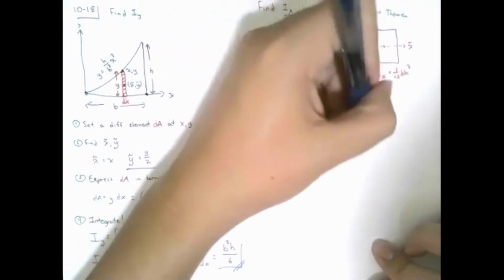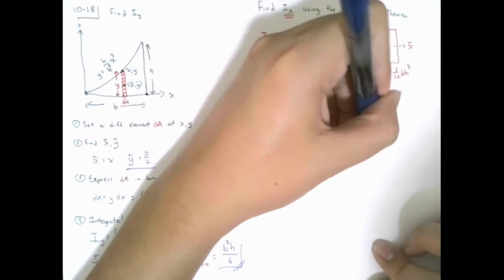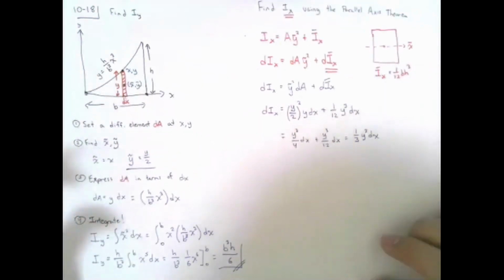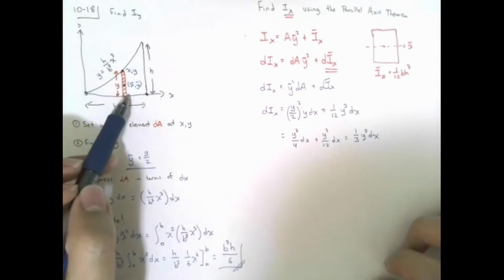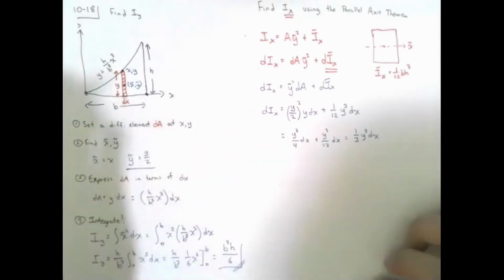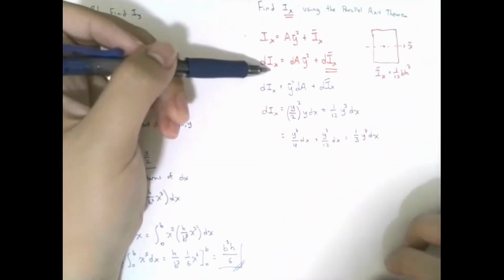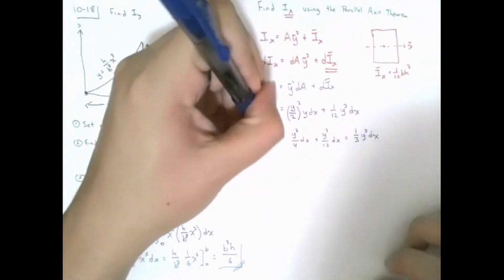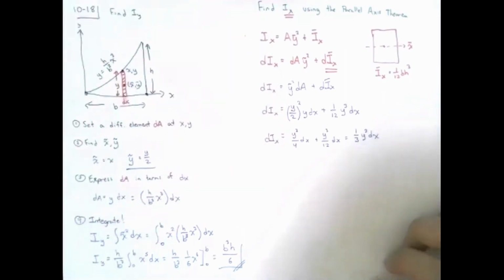So we get 1/3 times y cubed dx. I know that we already knew this because the first problem we solved last week was to find the moment of inertia about our x-axis of a rectangle, and we got 1/3 base times height cubed. But even if we didn't know this, you can see that it only takes 3 steps in order to calculate the moment of inertia for this differential element.